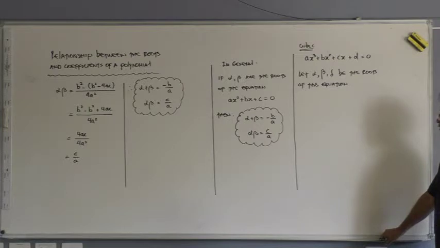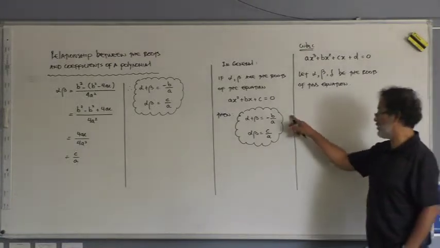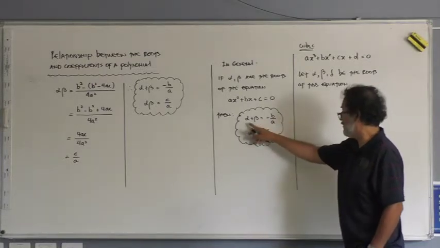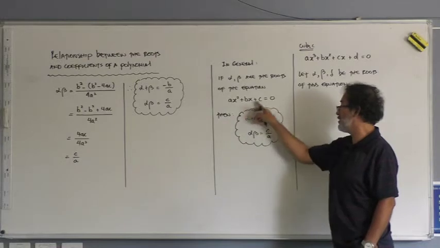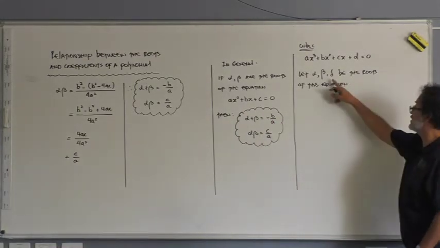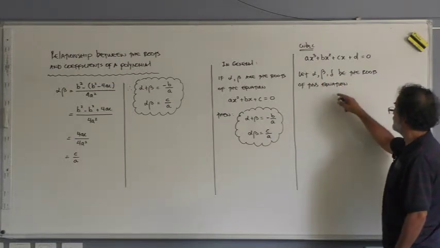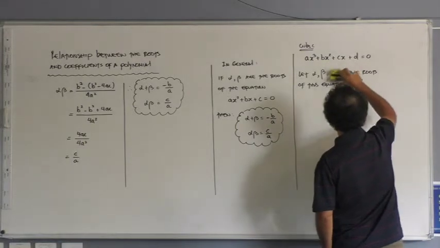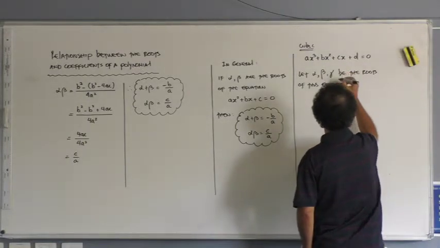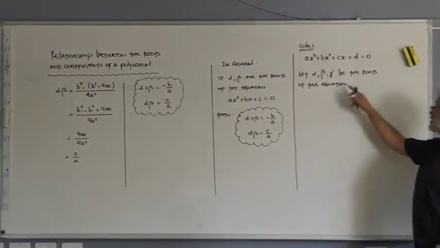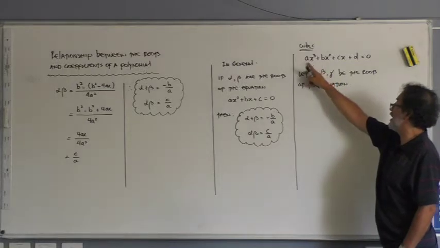In the same way as we saw that we have a relationship between alpha, beta, and the coefficients, we're going to say that there is a relationship between alpha, beta, and gamma, and this a, b, c, and d.